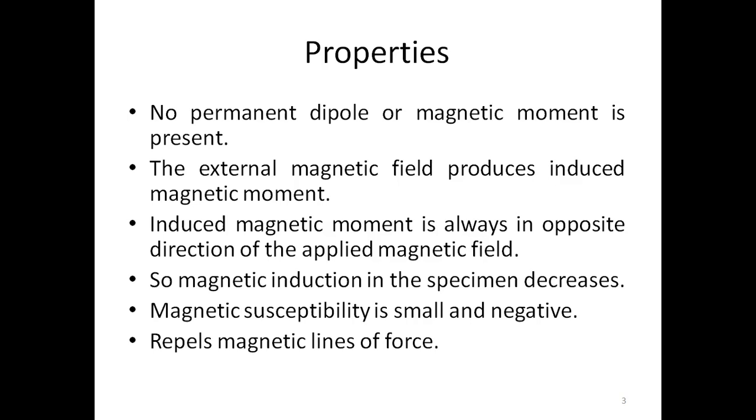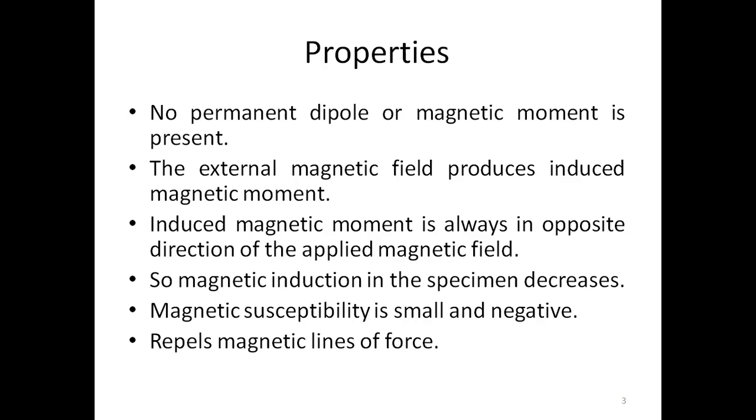Why is a diamagnetic material said to be diamagnetic? These are the important properties. In diamagnetic materials, you don't find any permanent dipole or magnetic moment.